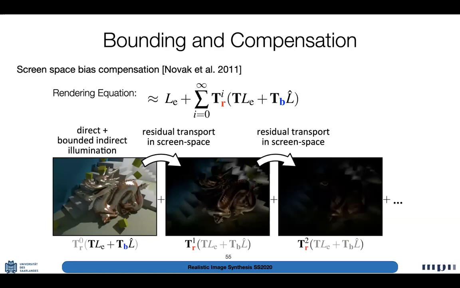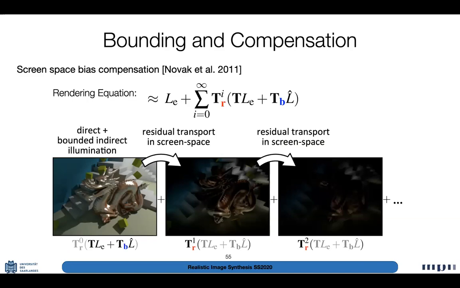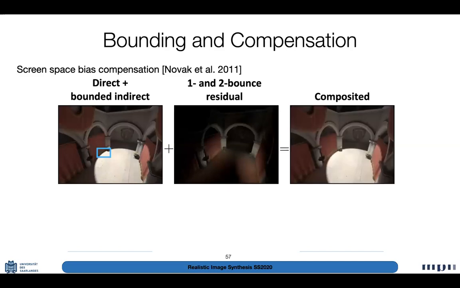What they observed is that by simply doing it 2 times, with 2 bounces, that was sufficient. The 2-bounce residual was sufficient to compensate for the loss of illumination. Here on one side you have the direct and bounded indirect image, and the corresponding residual image after 2 bounces.